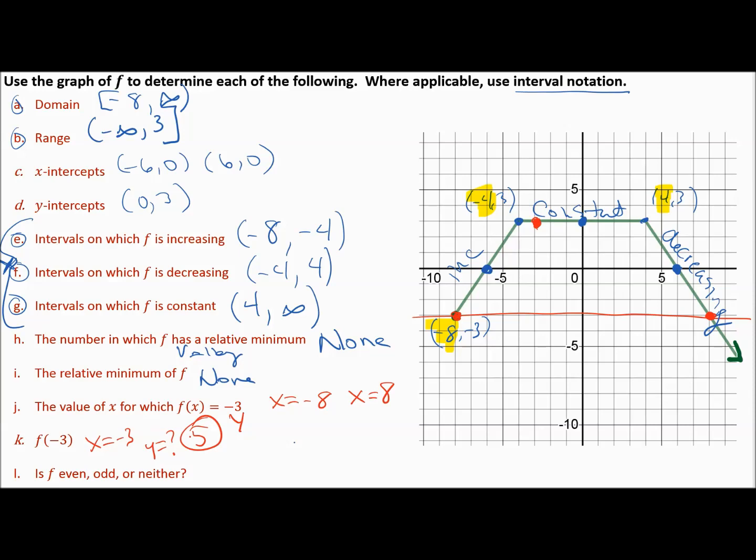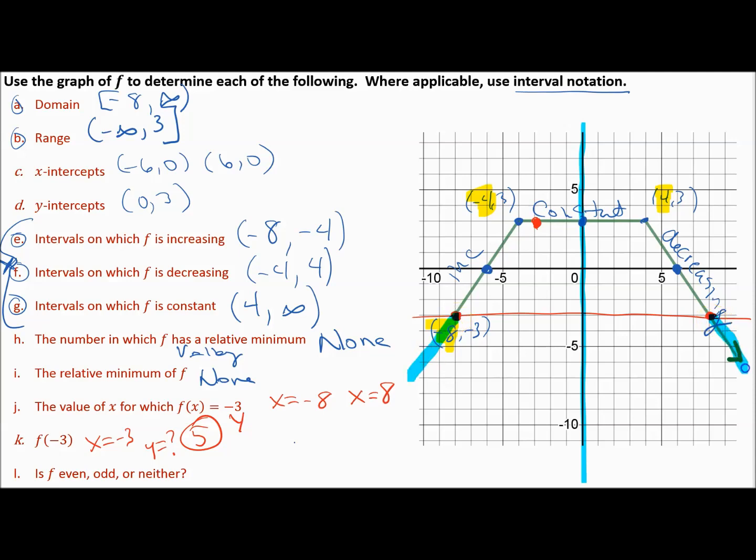Finally, is this even, odd, or neither? Well, to me, at first glance, it looks very even. Okay, if I folded my piece of paper right down the y-axis right here, you would see that the right side folds over and matches up perfectly with the left side, except this part.